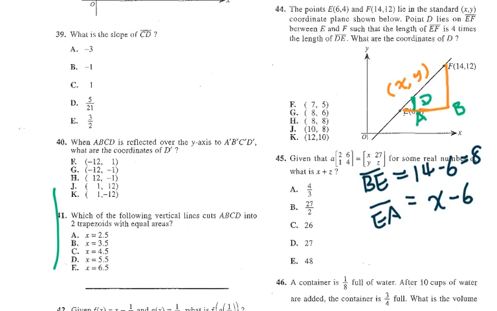Since triangle EAD is similar to triangle EBF, therefore the ratio of corresponding sides will be equal to each other. Therefore, ED over EF will be equal to EA over EB.